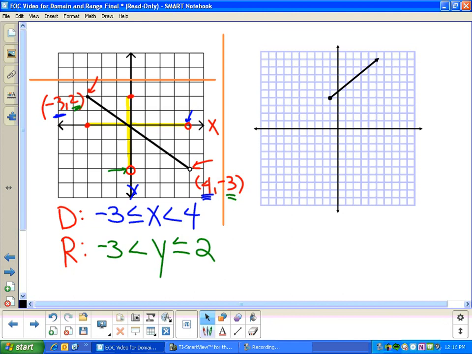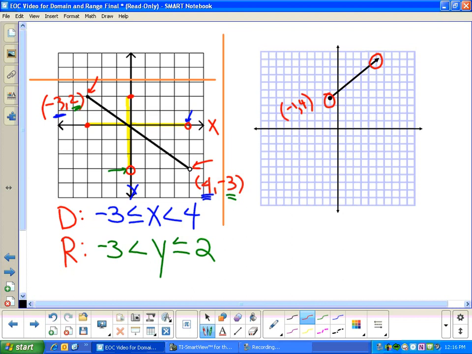What we have here is another continuous graph, but what you might notice about this graph is it has an open arrow on the end, and that arrow means that the line continues on forever and ever. It goes to infinity. Starting out, right here we've got a closed circle at (-1, 4).